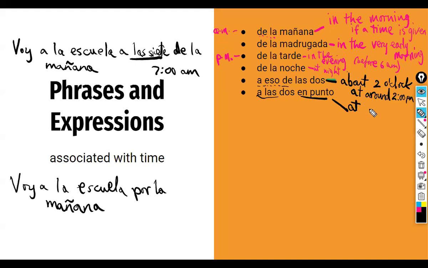So at 2 exactly. Okay, what time does the bell ring? What time you return home? A qué hora vuelves a la casa? A las 12 en punto. I wish. At 2 o'clock exactly.